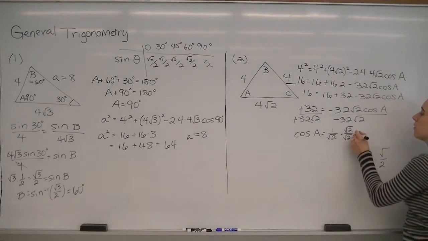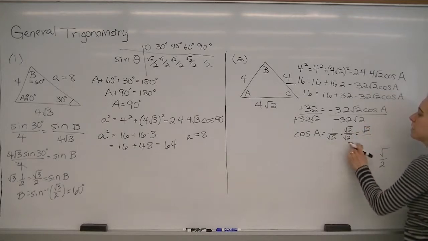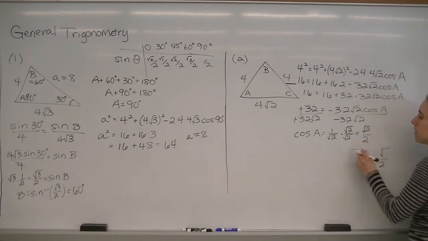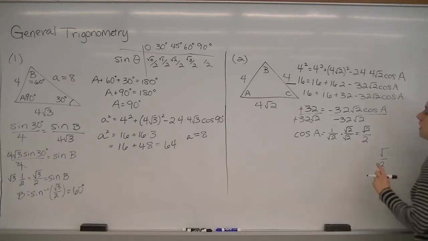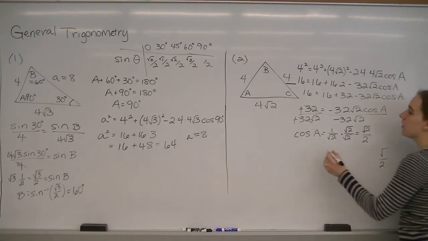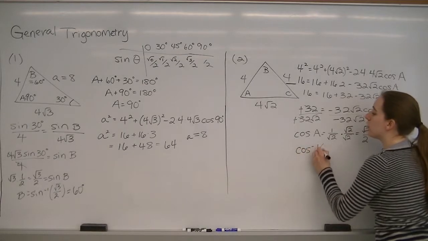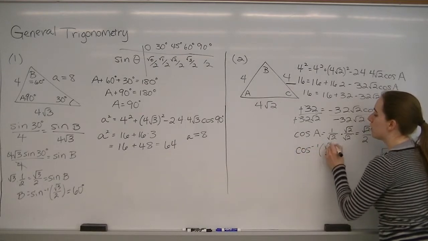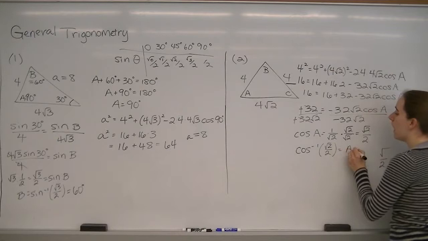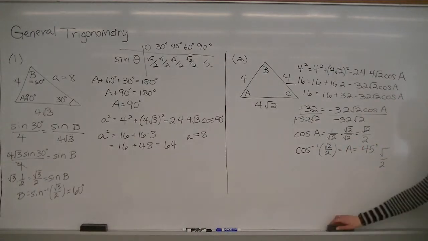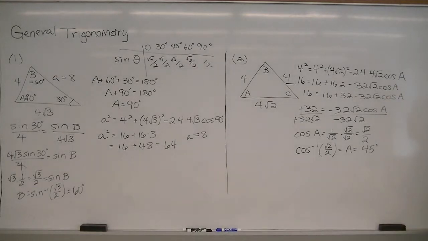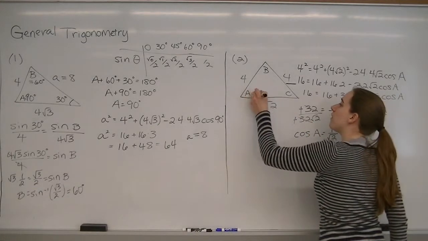I'm going to get the square root of 2 on top. I'm going to get 2 on the bottom when I multiply that. So I have something in this form. And if you go back to your chart, we see that the angle with cosine square root of 2 over 2 is actually 45 degrees, or pi over 4. So that's our answer for A, 45 degrees.